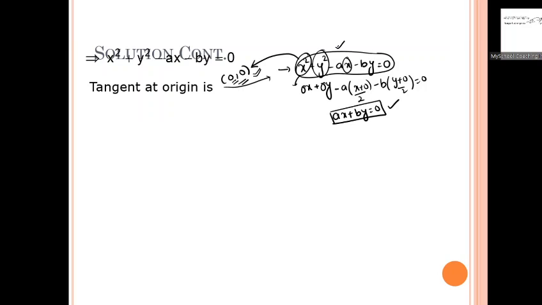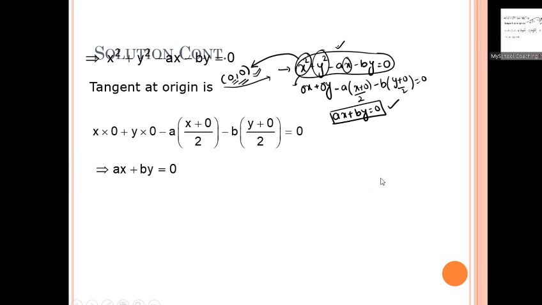Try simplifying by yourself. Are you getting this? Yes, sir.